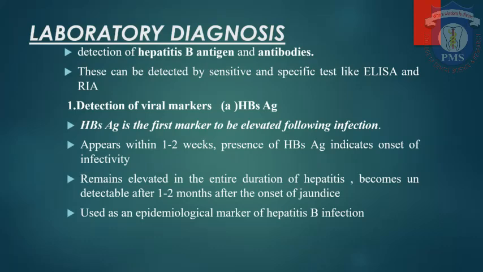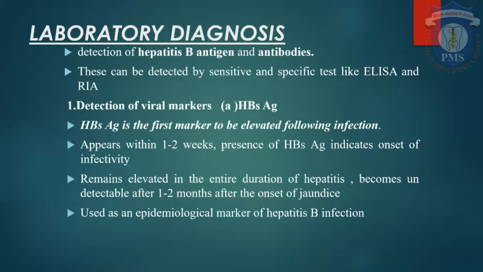Hepatitis B surface antigen is the first marker to be elevated following infection. This marker appears within 1 to 2 weeks. Presence of this hepatitis B surface antigen indicates onset of infectivity. This hepatitis B surface antigen remains elevated in the entire duration of hepatitis, and becomes undetectable 1 to 2 months after the onset of jaundice.